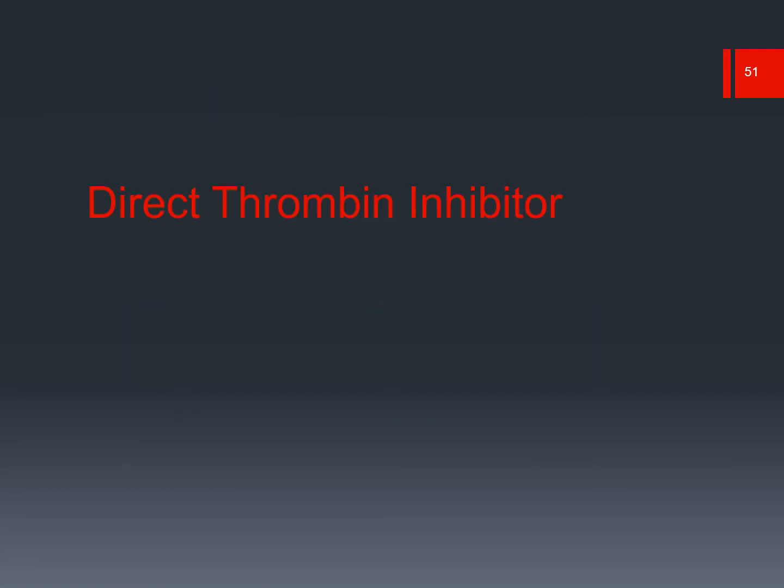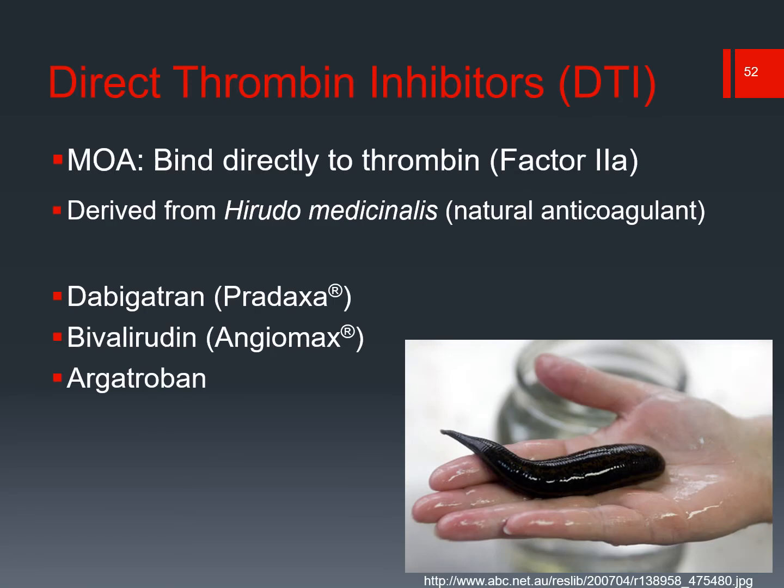Direct thrombin inhibitors are also, as it says in the name, directly inhibiting the thrombin within the cascade. There are 3 FDA-approved direct thrombin inhibitors in this packet that you'll be responsible for knowing. We have our oral anticoagulant dabigatran, branded as Pradaxa, is our only oral direct thrombin inhibitor.